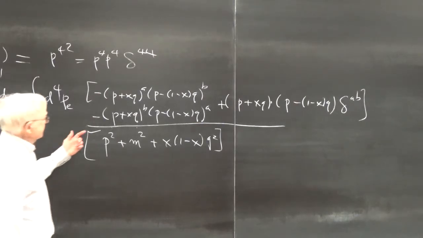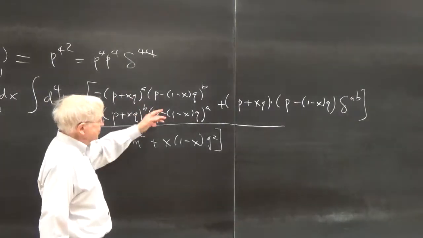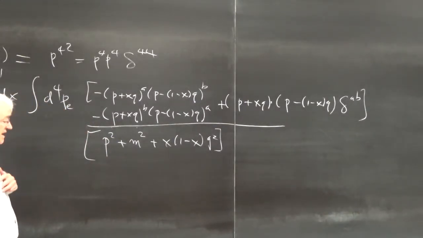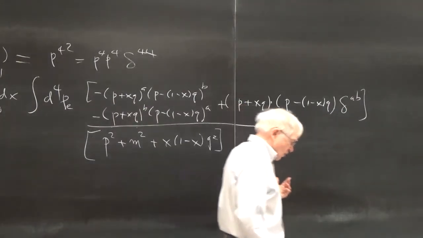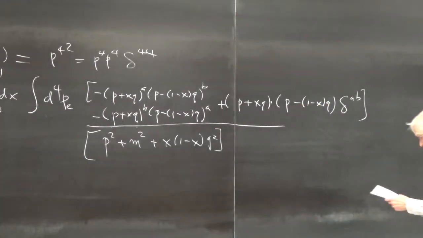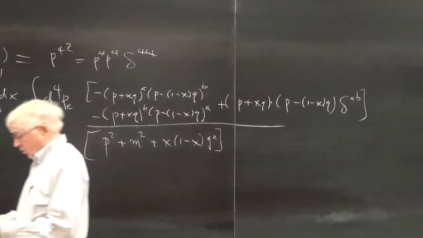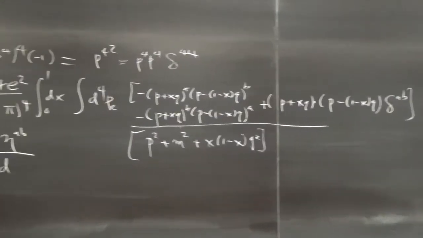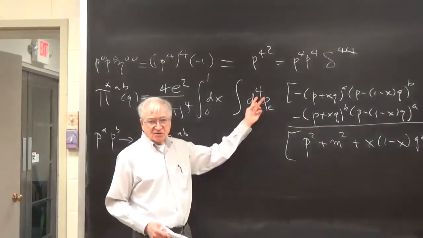So basically what we expect is if we have a p1 times a p2 in the numerator and we integrate, that's going to be 0. On the other hand, a p1 squared will give something that's non-zero. And so what happens is pA pB is going to turn into p squared eta AB, or delta AB, divided by D, where D is the dimensionality of this integration.